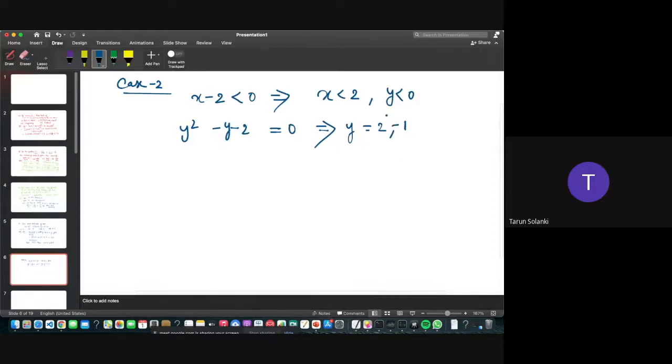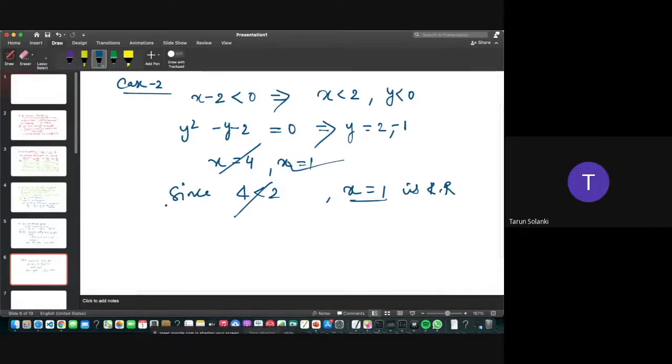So now put these values here. So you will get x is equals to 4 and x is equals to 1. Okay. So we know 4 is not less than 2, so we'll cancel out this root, and x is equals to 1 is a real root. So we will consider this one.